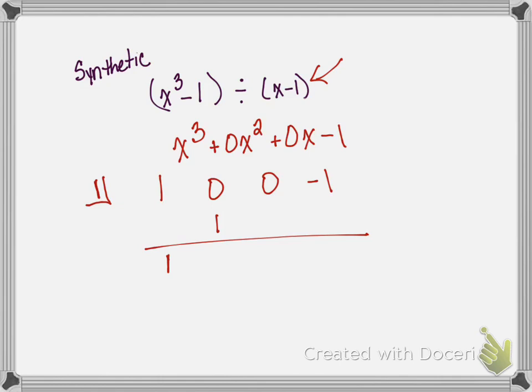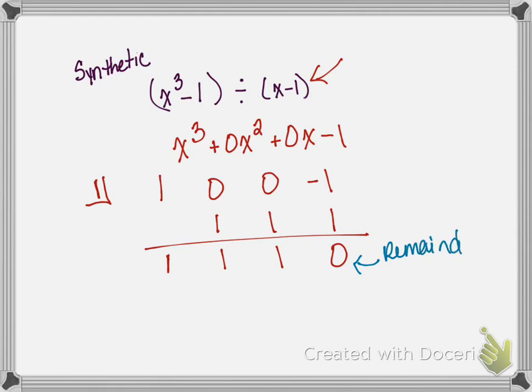What's 0 plus 1? 1 times 1 is 1, 0 plus 1. 1 times 1 is 1, negative 1 plus 1 is 0.